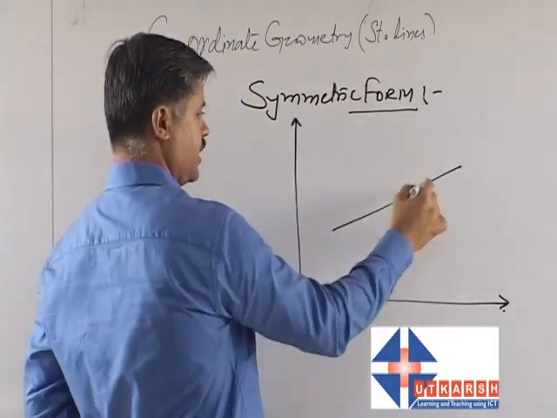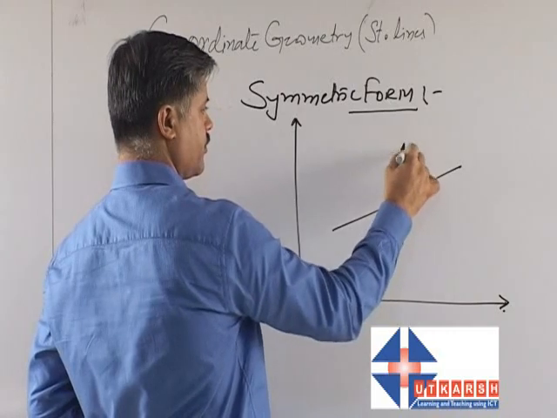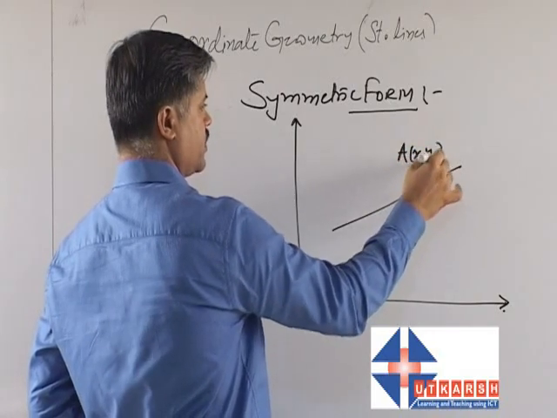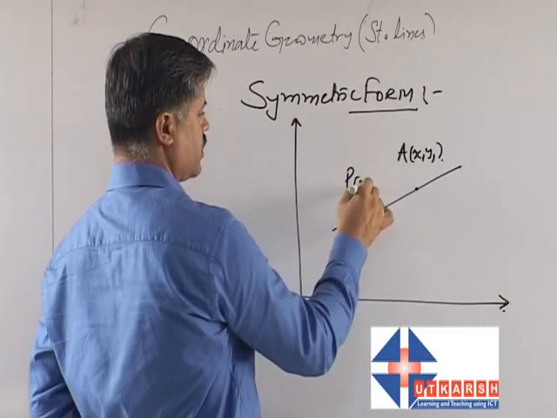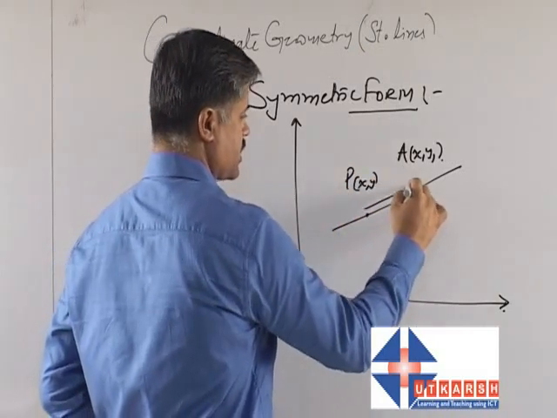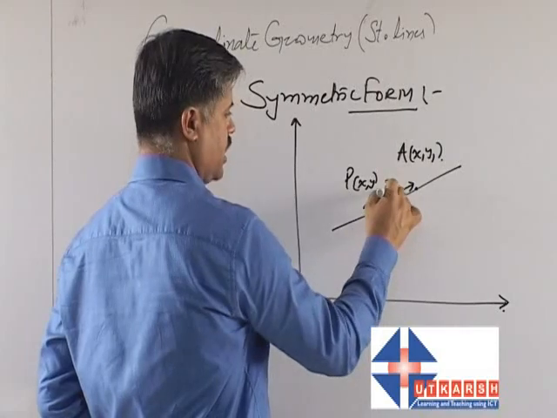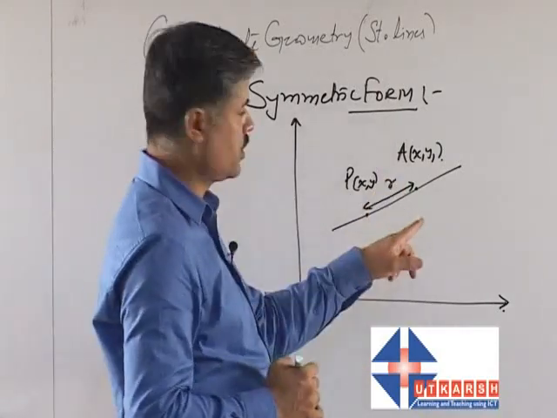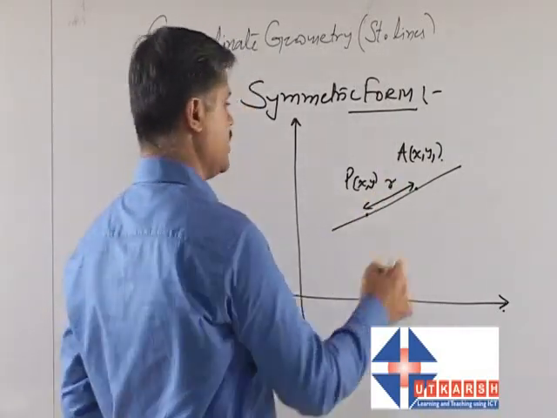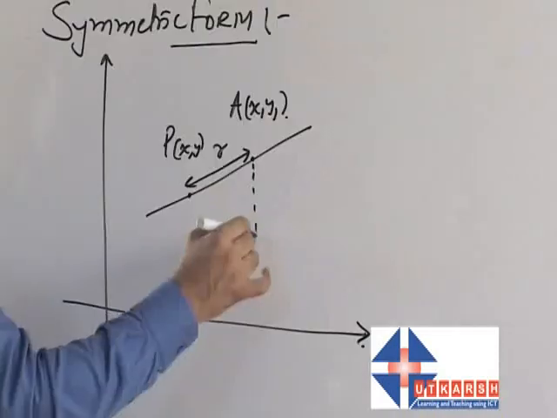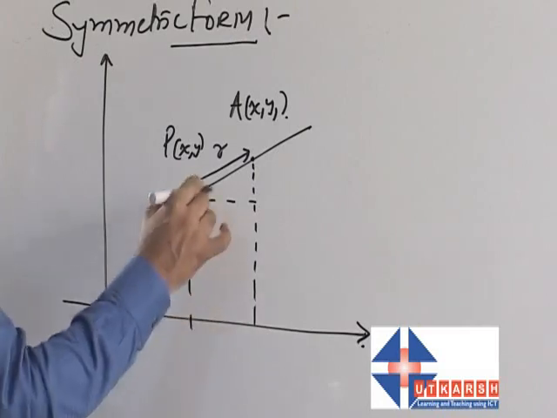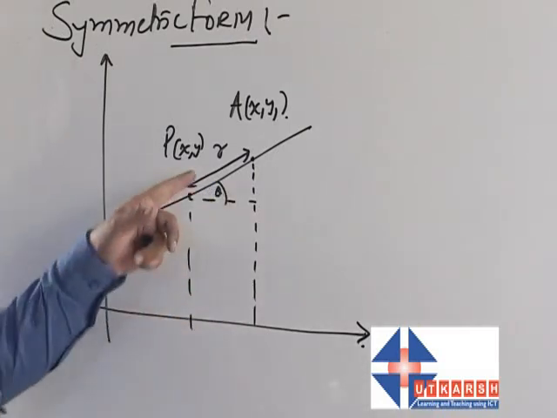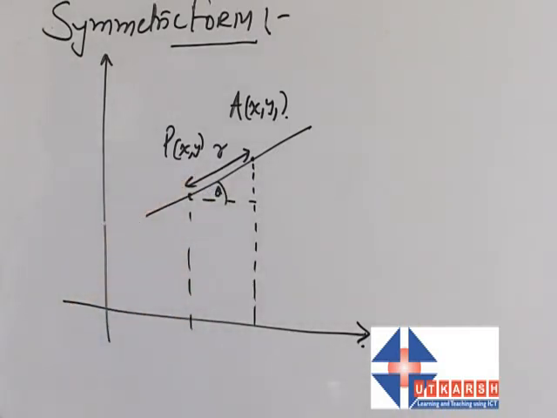Let this be the point given to you, A (x1, y1). Let any point on the locus be P (x, y). This much distance is r, generally used to find a point at a particular distance. Let the perpendicular fall from here, from here, here. This angle is theta, that means its slope is theta, the same angle will be formed here.